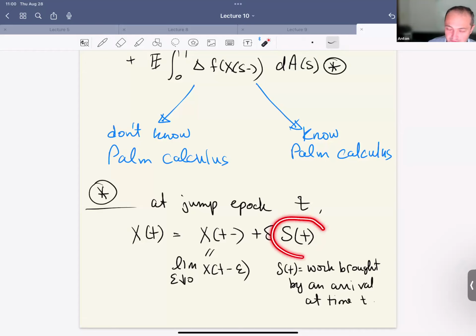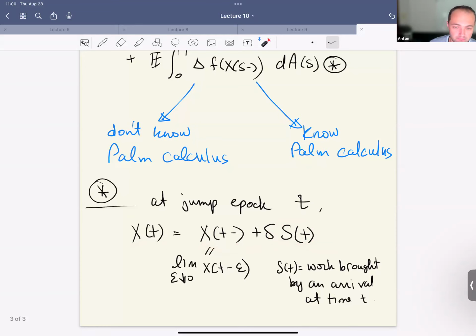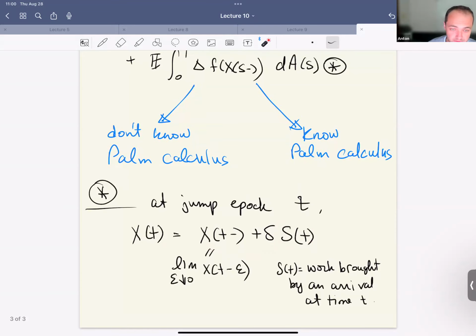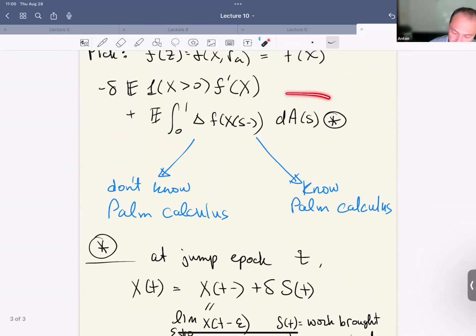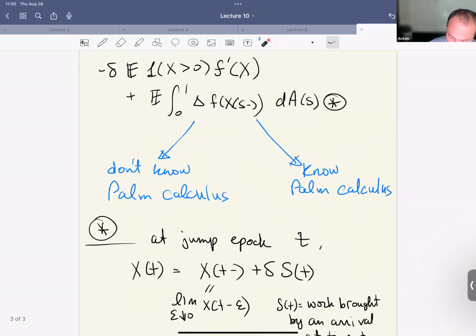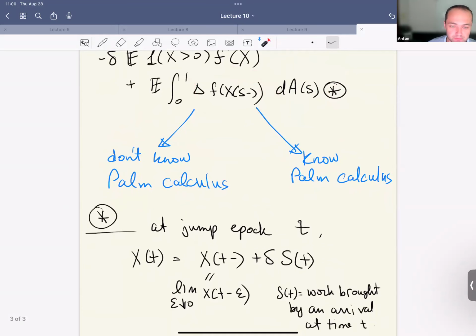If there is no arrival at time t, S of t equals 0. So this process basically has delta masses in some sense. But this is indisputable: whatever we have post-arrival is pre-arrival plus the work brought in by the customer. So if I ignore this scary bit of the arrival process and just focus on understanding the jump, I can actually do that. It's not that difficult.